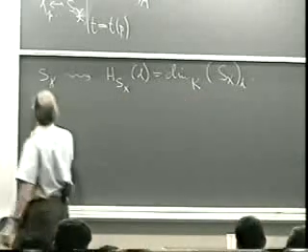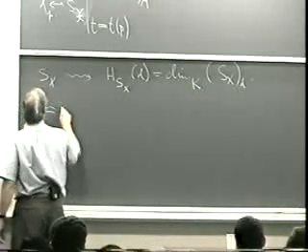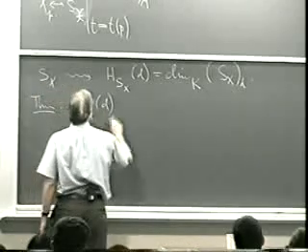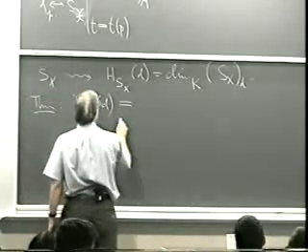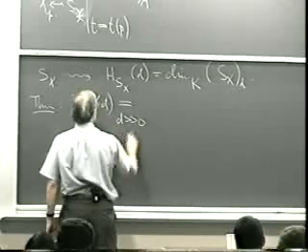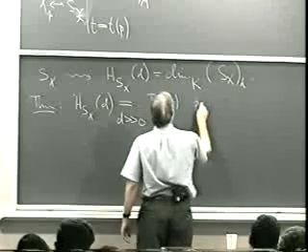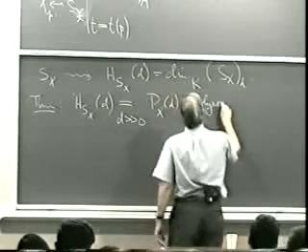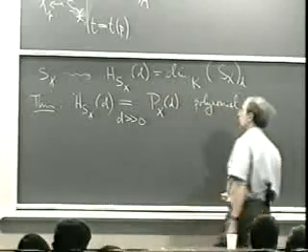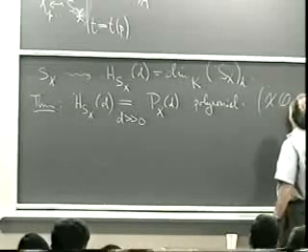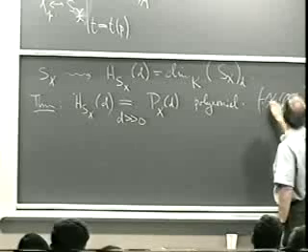And Hilbert's theorem, which I'll prove for you in a moment, is that h_{S_X}(d) is equal, for d sufficiently large, to p_X(d), a polynomial. And of course, the algebraic geometers recognize this polynomial as chi of O_X(d).